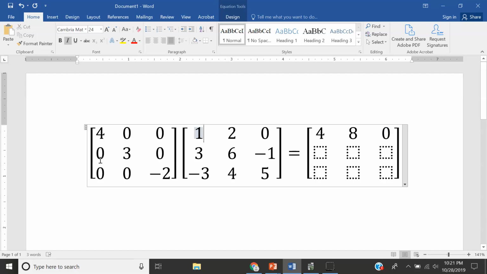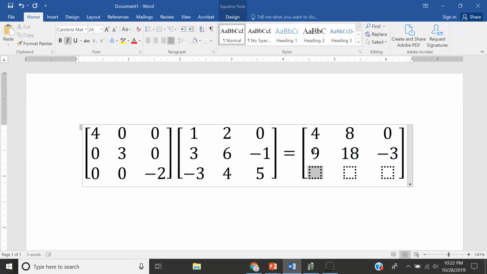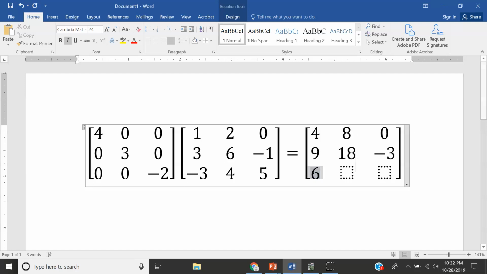4. You can see really quickly that when you take 0, 3, 0 multiplied times this matrix, the only thing that's going to happen is the second row of that second matrix is going to be multiplied by 3. So you're going to get 9, 18, negative 3. And when you take 0, 0, negative 2, that last row gets multiplied by a negative 2.